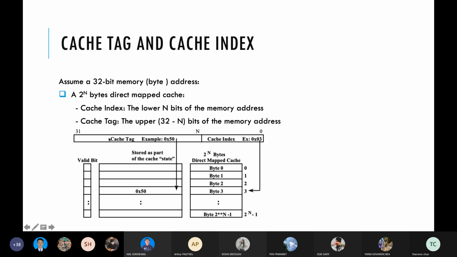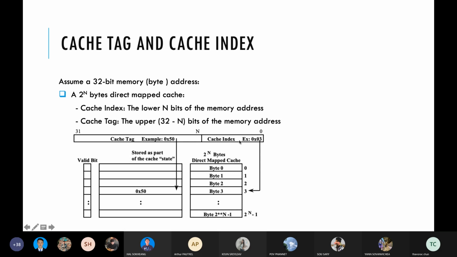And this section we call the cache tag. In the case we are using the direct map, the cache index here includes the block and the word. And the remaining section we call the cache tag.